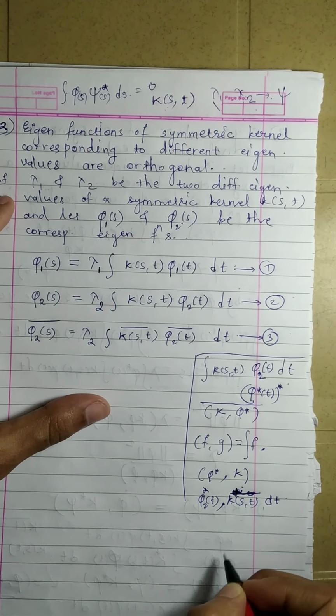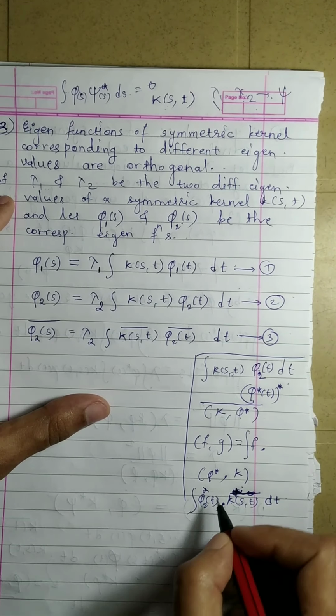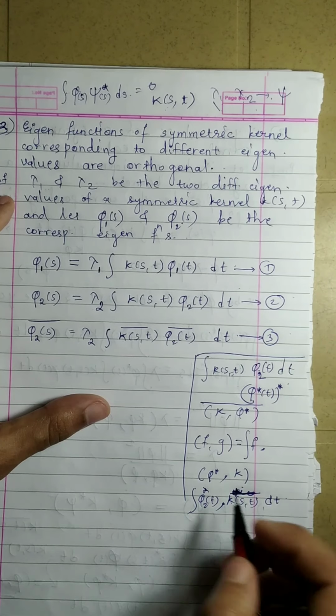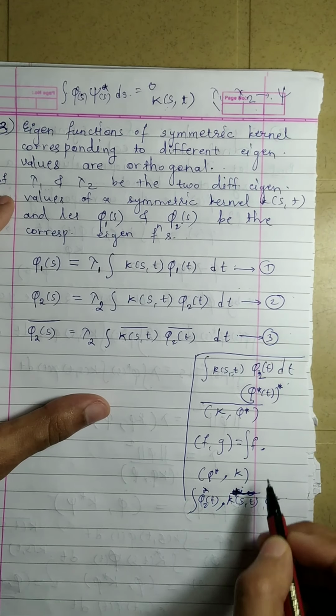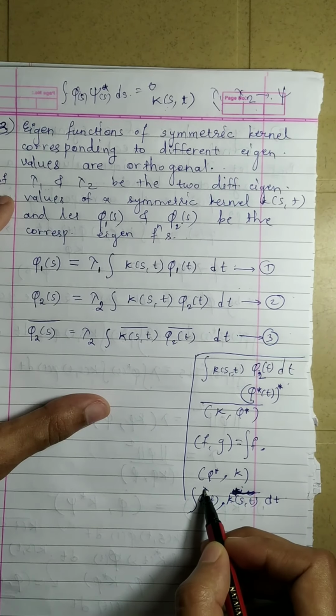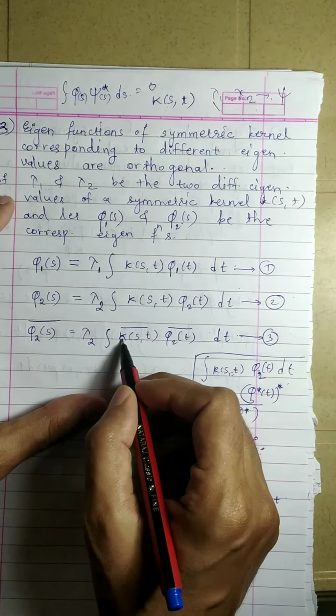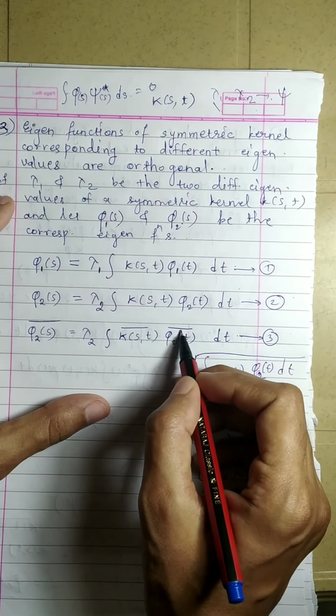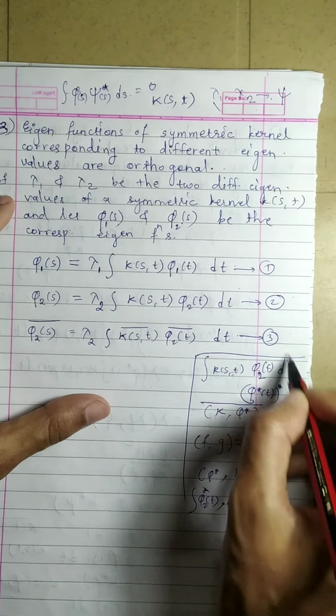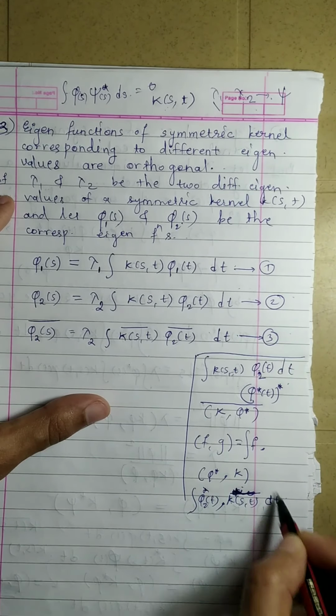integration is with respect to t, and the integral of that. So what is this? This is nothing but k(s, t) star into phi 2 of t star, which is nothing but this k(s, t) star, instead of star there is bar here, phi 2 of t bar. That means this is equal to this.